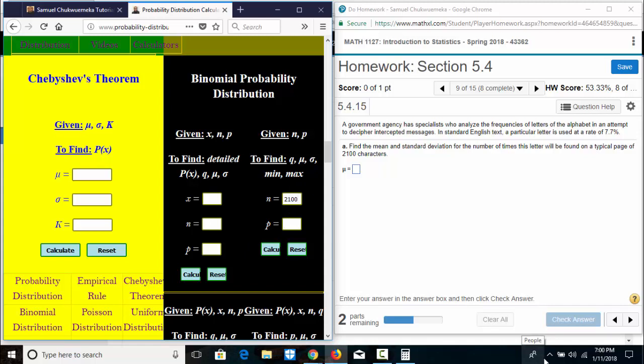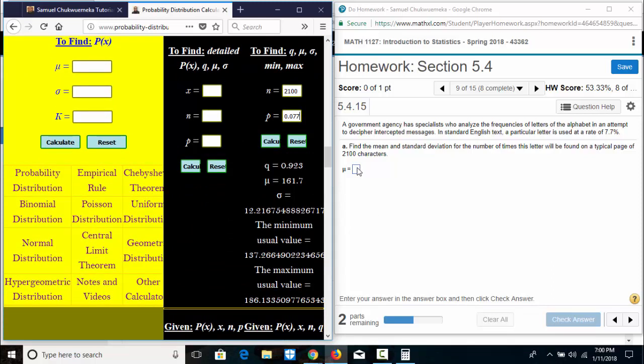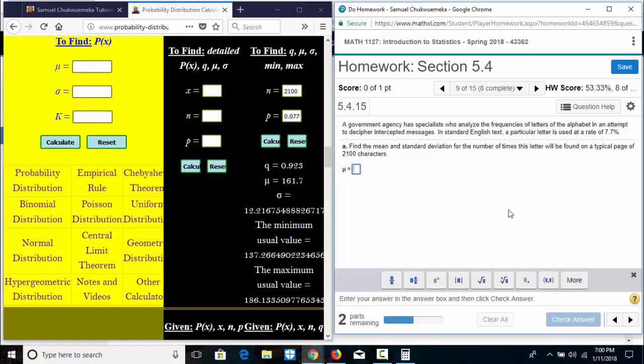The probability of success is 7.7%. We convert it to decimal, it will be 0.077. Enter. So the mean is 161.7.